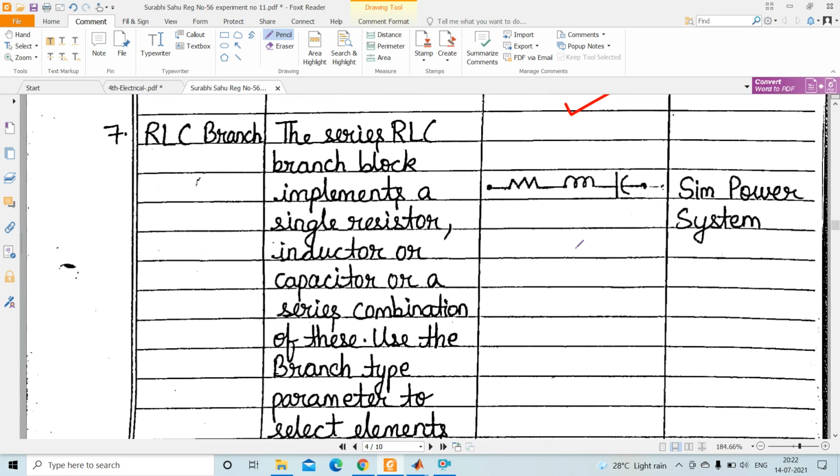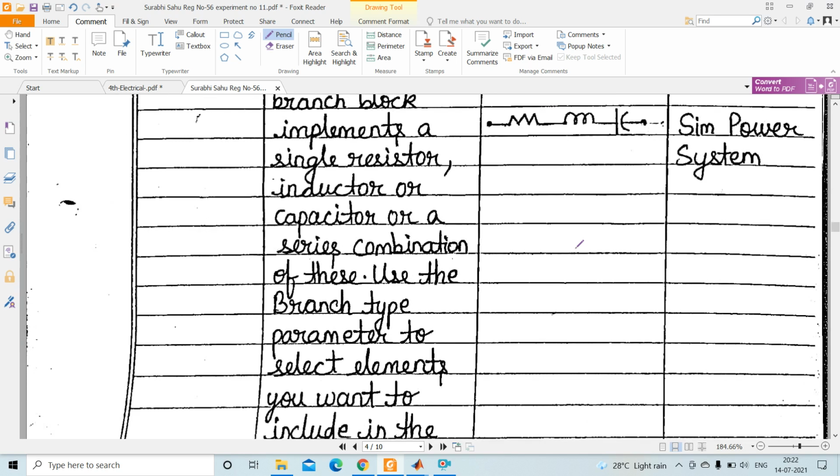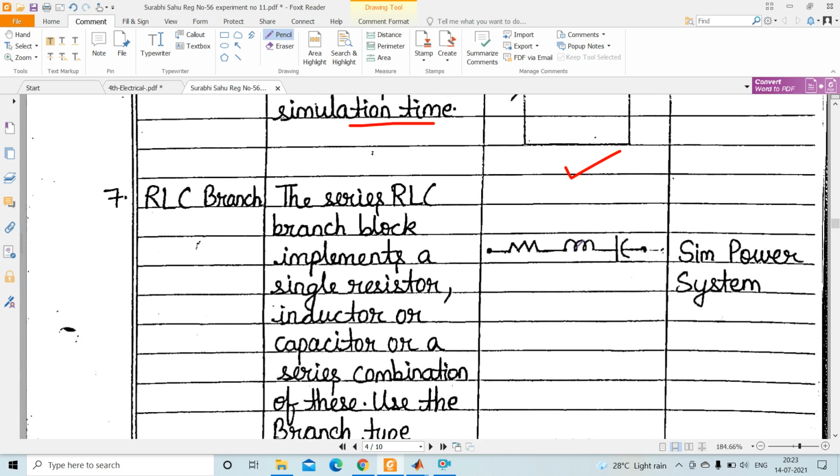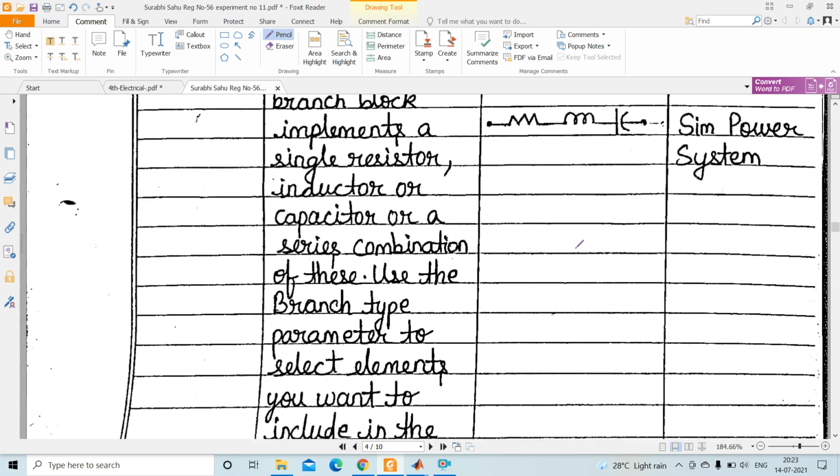This series RLC branch block implements a single resistor, inductor or capacitor, or a series combination of these. Use the branch type parameter to select the elements you want to include in the branch. If you want to include only resistance, then we can choose only resistance, or any combination of R, L and C. It is found in the SimPowerSystems section.